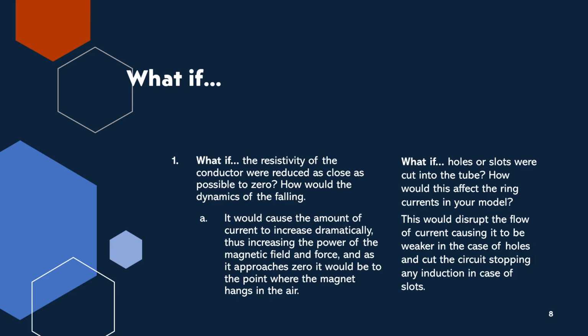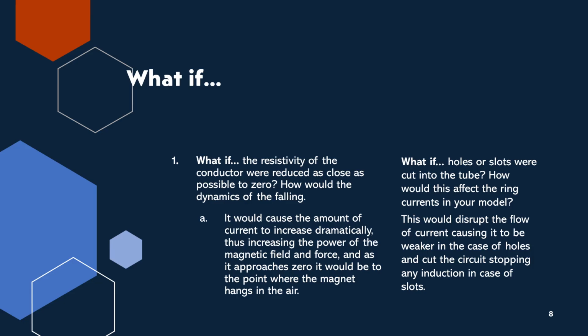And so if we get to the point where it's 0, it would mean the induced current would be practically infinite, which would mean that the force acting on the magnet would be infinite, which would mean that it's essentially just standing there, because once it reaches equilibrium with the force of gravity, there's no change in flux, which would mean that it wouldn't exert any more force past that. It would just keep enough to keep it stable. So it essentially just makes the magnet hang in the air as it decreases its speed as the current increases.